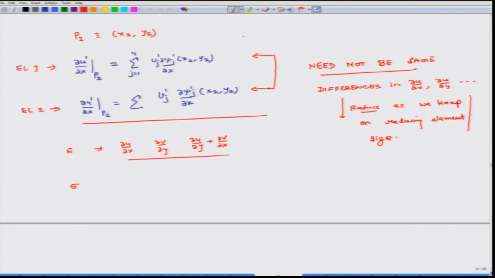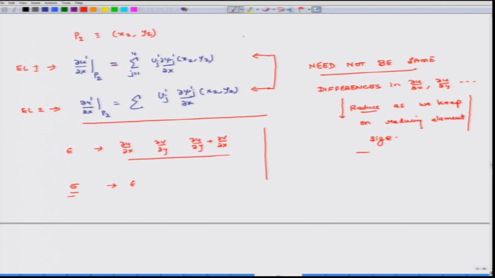Where else? We know that stress depends on strain. If you multiply strain by elasticity constants, you get stress. So, again we have to keep on reducing the mesh size to a sufficiently small level so that it is converged.